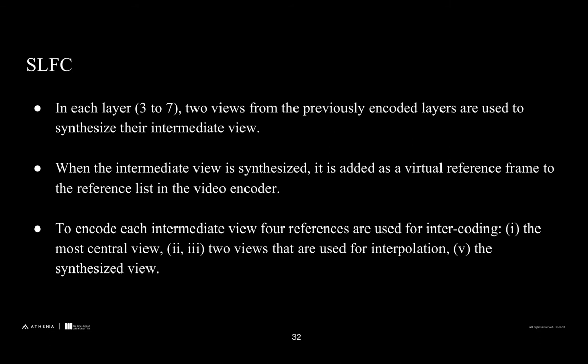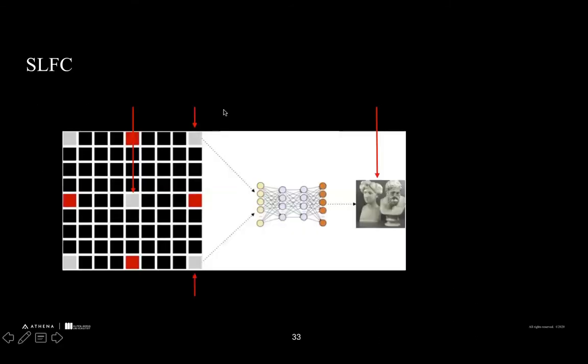Therefore, to encode each intermediate view, 4 references are used for intercoding: always the most central view for all of the views, the 2 views that are used for interpolation, and the synthesized view. For the previous example, for the most right view, the reference views will be the most central view, top right and bottom right views that are used for interpolation, and the synthesized view.